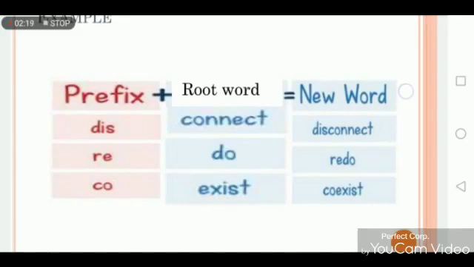Similarly, we have a root word do. If we add the prefix re, then it becomes redo, and redo has a different or opposite meaning from do. Now we have the word exist. If we add the prefix co before exist, then the new word would be coexist, and the meaning of coexist is the opposite of exist.